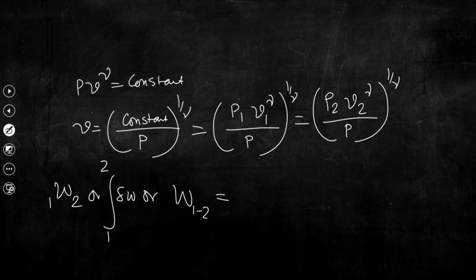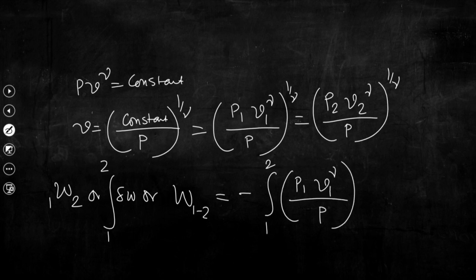So, using either of these three, basically it is minus the integral from 1 to 2 of P1 V1 to the power gamma by P to the power 1 upon gamma dP.